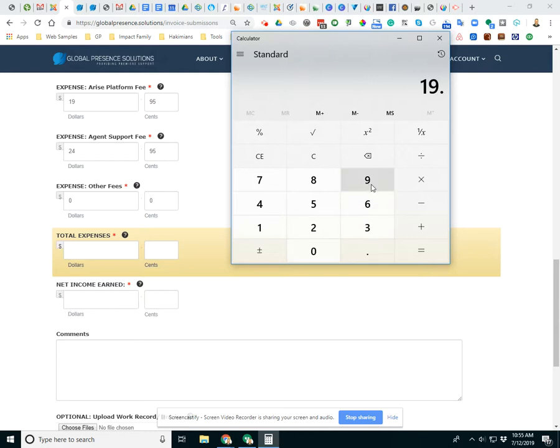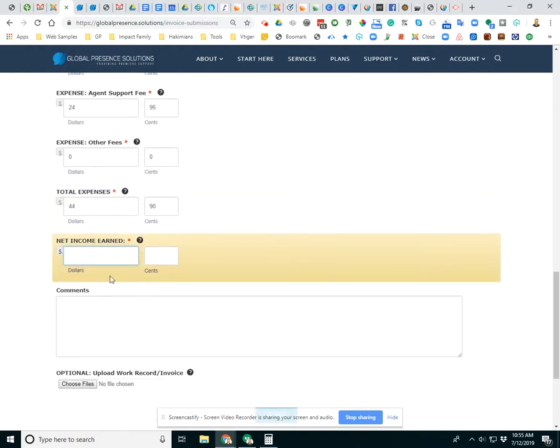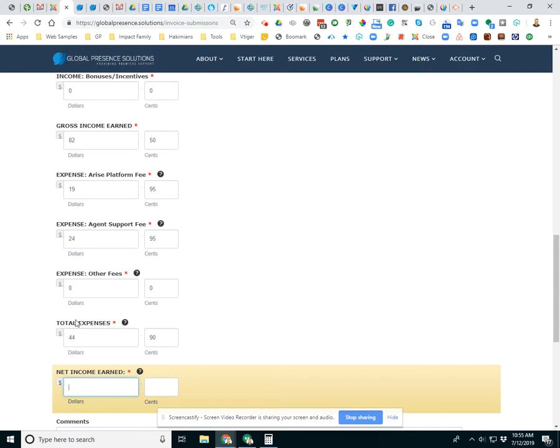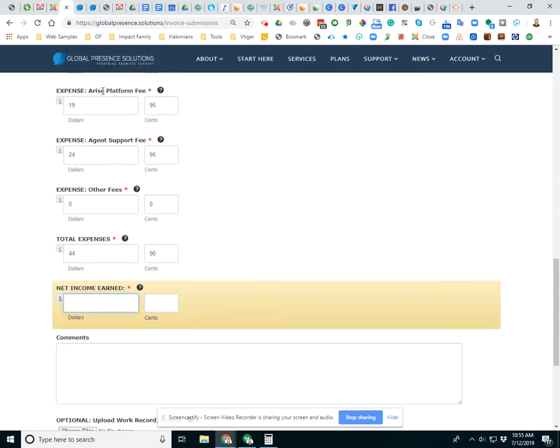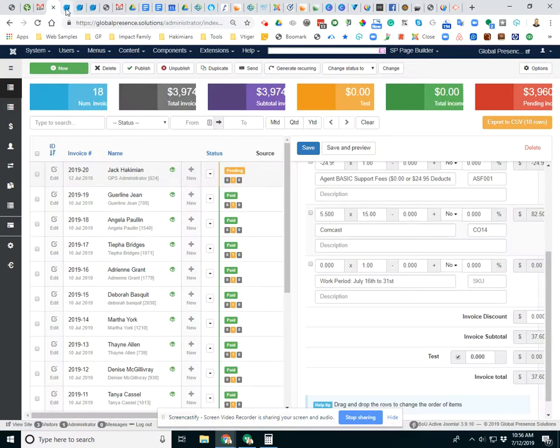So $19.95 plus $24.95, that's $44.90. So I just put that. Okay. Net income earned. This is after your expenses. You got your gross, then you got your expenses. So your net comes from right here. It's usually this, $37.60.